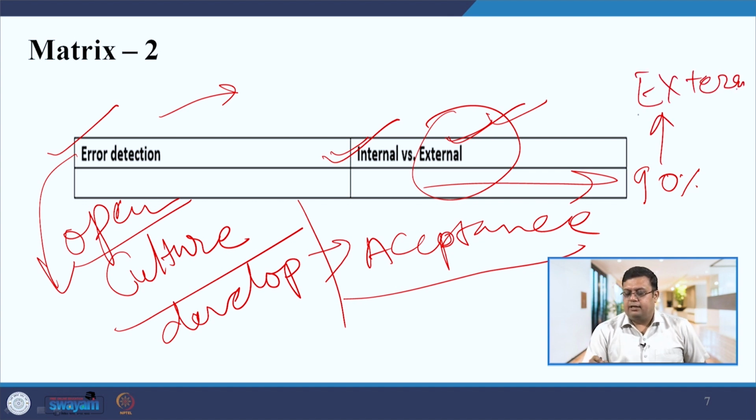Now you can do the analysis. 90% are detected externally, so now you can set the target to reduce by 60, 70, 80 percent year by year. Because if internally people are accepting their mistakes, it indicates that a healthy environment is there within the organization. So that is the decision that you can make on the basis of this matrix.